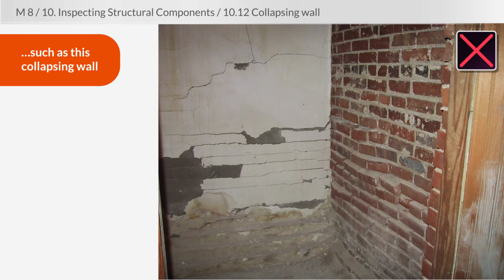In fact, I'd say it probably has been like this for many years. But it might also be getting slowly worse. In any case, this is severe enough that you have to recommend further evaluation by either an engineer or a foundation contractor. And no one's going to argue with you on that. This is pretty severe.